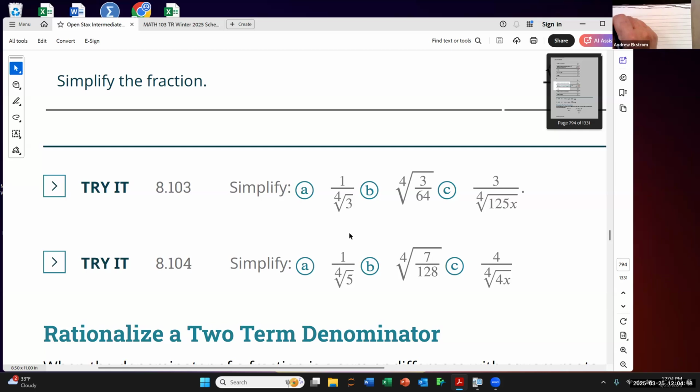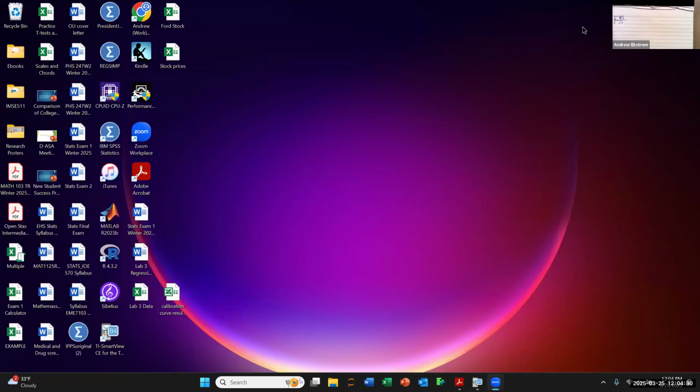So I've got the fourth root of 3 divided by 64. We can rewrite this as the fourth root of 3 divided by the fourth root of 64.